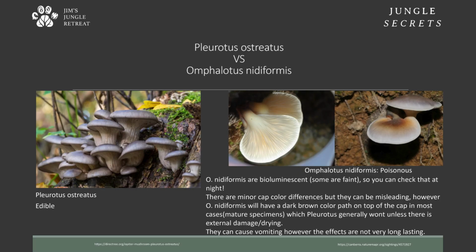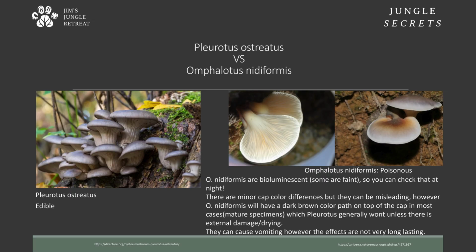This is Pleurotus austriatus and this is Omphalotus nidiformis over here. Pleurotus austriatus is edible, right? But they look so similar. Omphalotus are bioluminescent, by the way. Okay, not all are, some are. There are minor cap color differences, but they can be misleading. However, Omphalotus nidiformis will have a dark brown color patch on top of the cap.